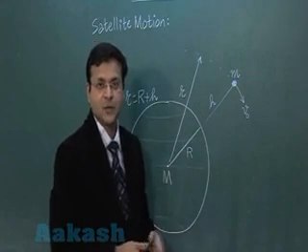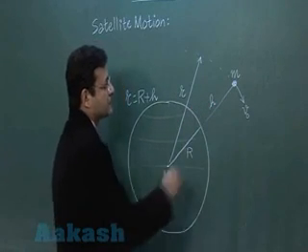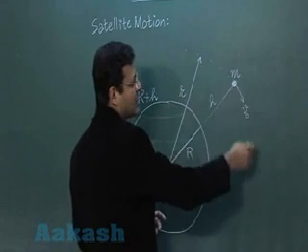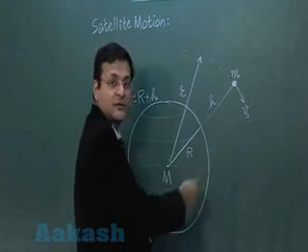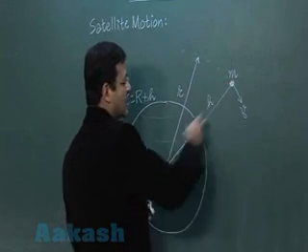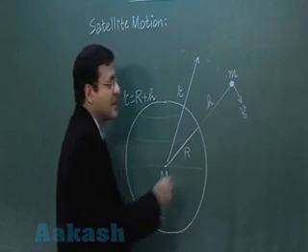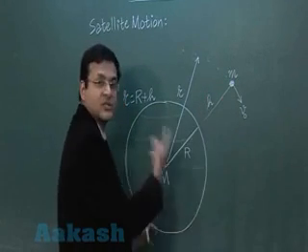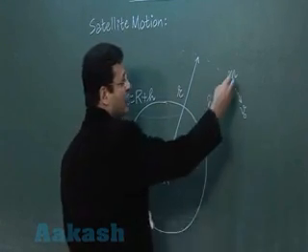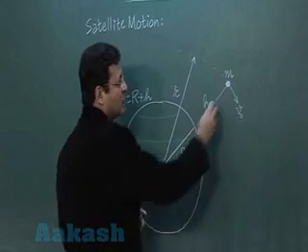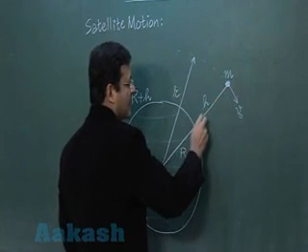For example, here the satellite has an orbital speed VO, and a constant gravitational force is acting on the satellite due to the Earth, and this force is all the time acting towards the center.